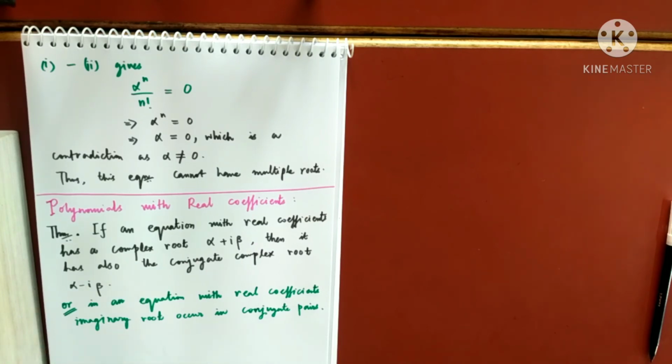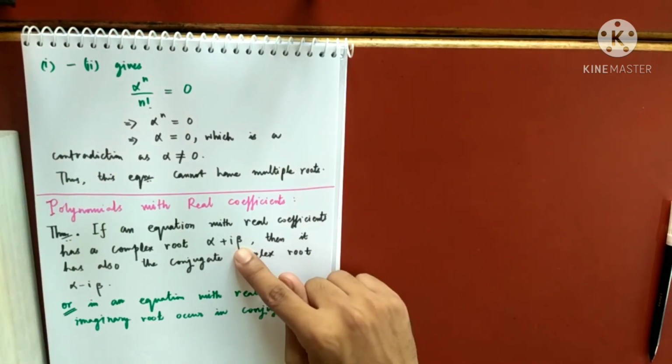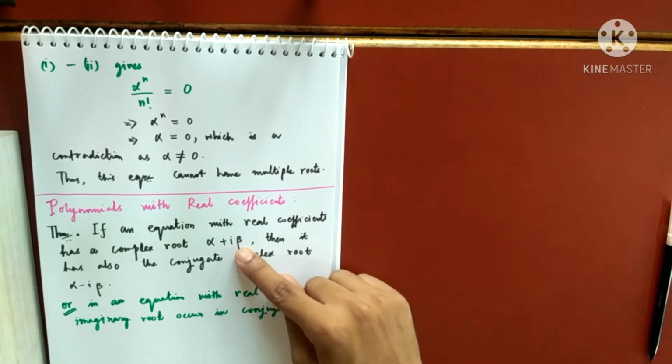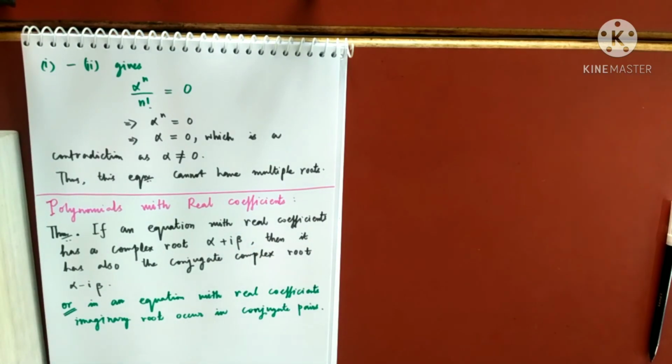So what have they said? If an equation with real coefficients has a complex root alpha plus i beta, so you have a polynomial whose coefficients are real numbers. Now suppose that equation has some complex root, say 2 plus 3i.